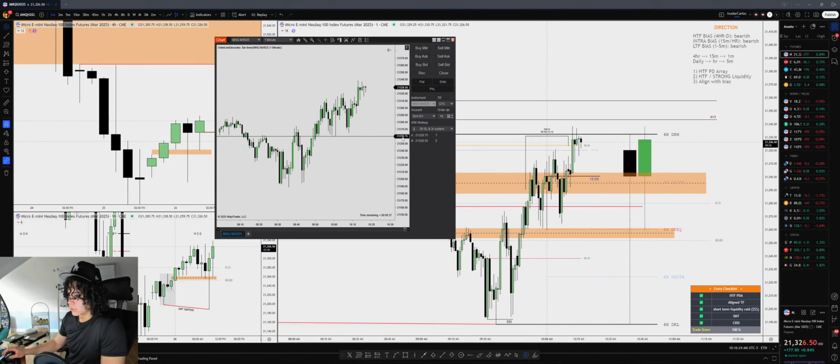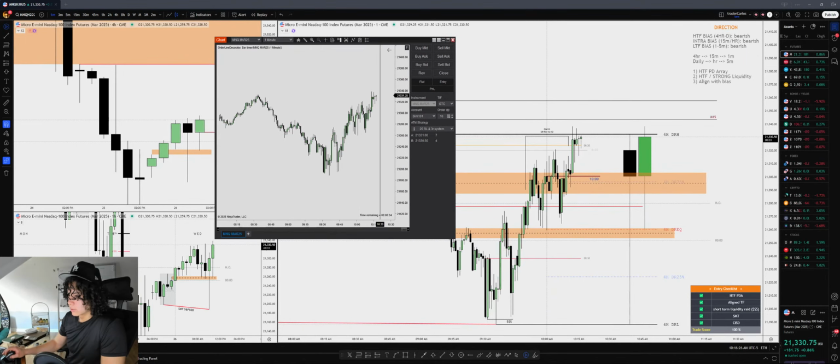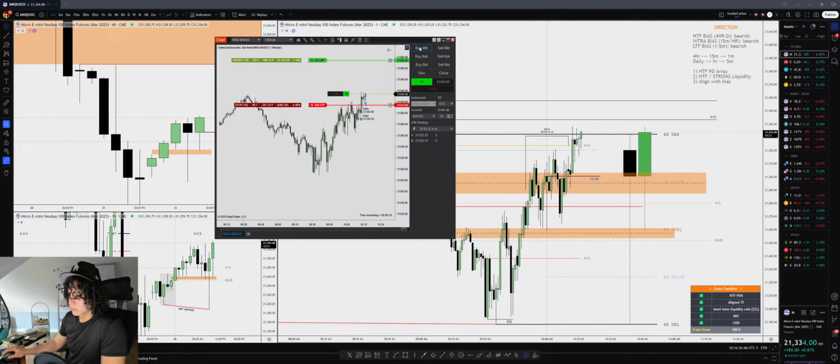Let's see if this works now. If I do a buy market on my demo account, does it put my stop loss at 20 points? Order filled. Okay, so it puts my stop loss at 20 points and puts my target at basically a 3R.